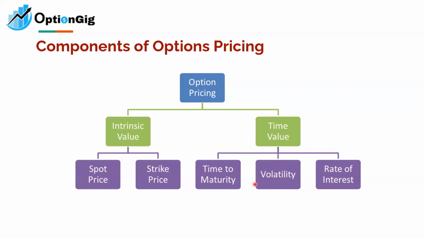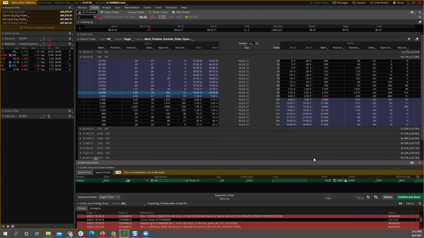Now, on one particular day, the stock moves up and down. We are slowly getting towards maturity. Volatility could change depending on whether we got different news from the company. And the overall impact of these changes is what determines the value that we see in our trading platform.